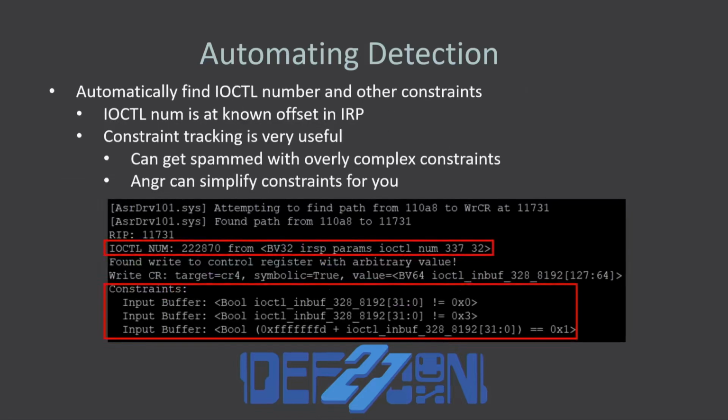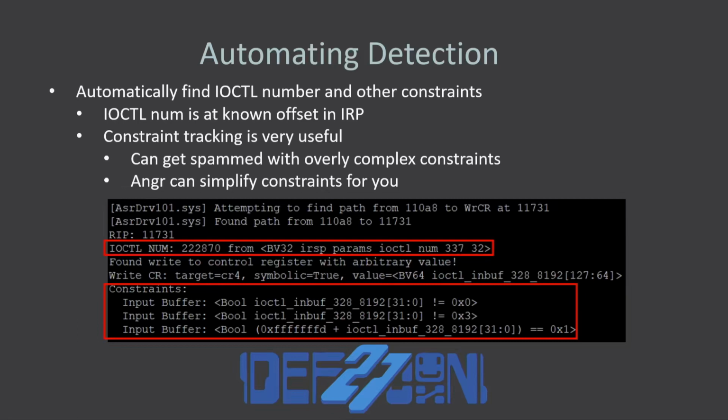We can also automatically find the IOCTL number. So you have a driver, there's a write MSR. It'll tell you that there's a write to a control register or an MSR. It'll tell you the number you need to pass for the IOCTL. It can tell you what values you also need to put into the input buffer. So in this case, this list of constraints down at the bottom were automatically detected, and angr can actually simplify those for you.